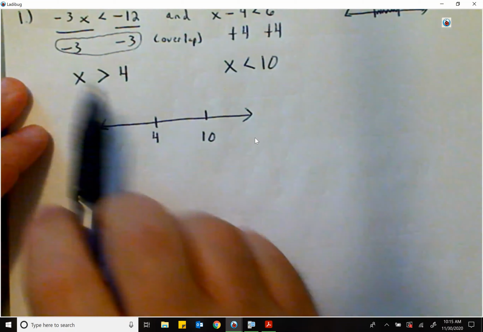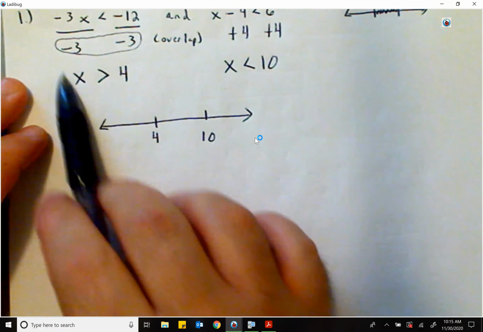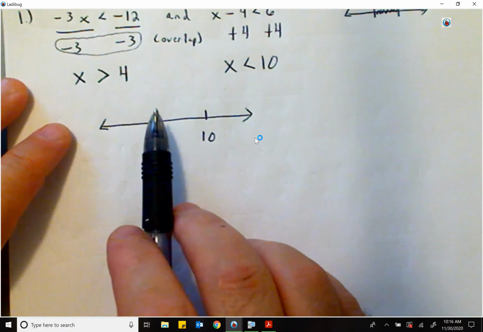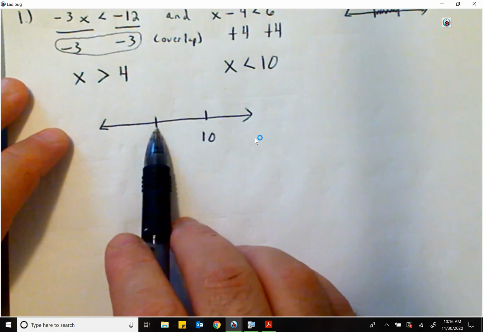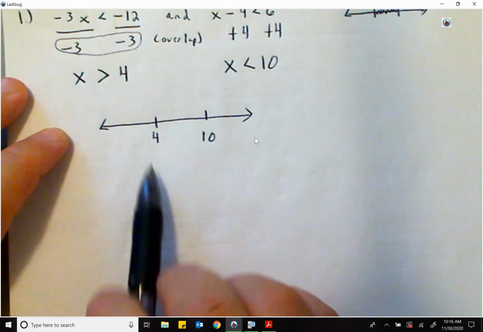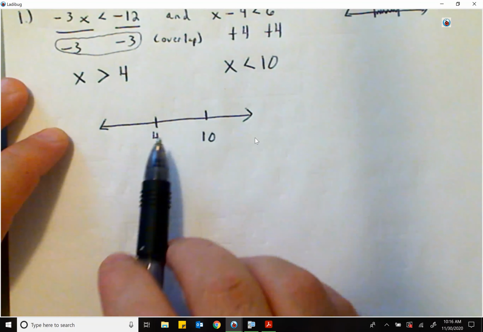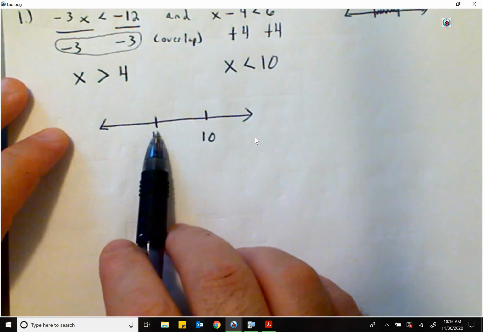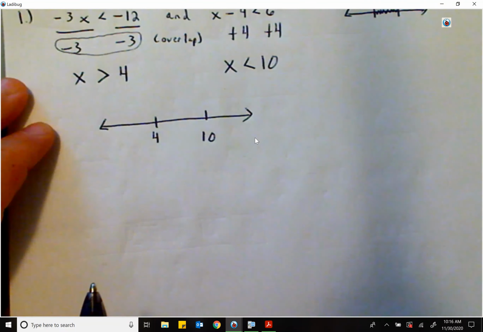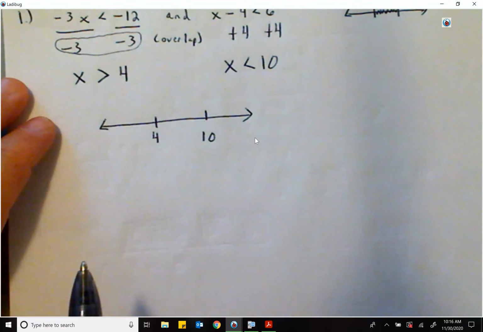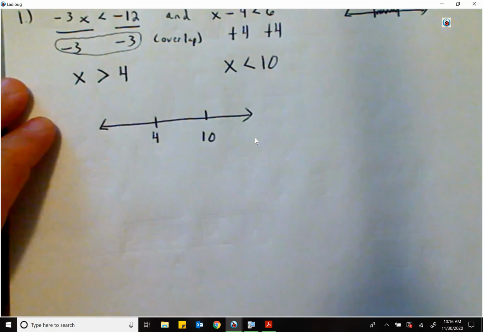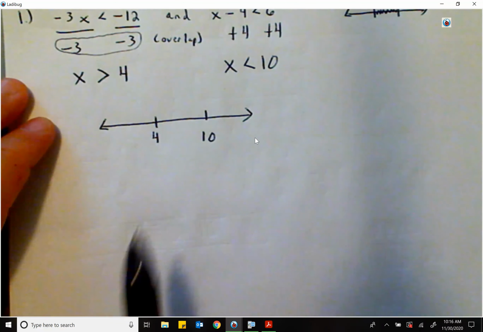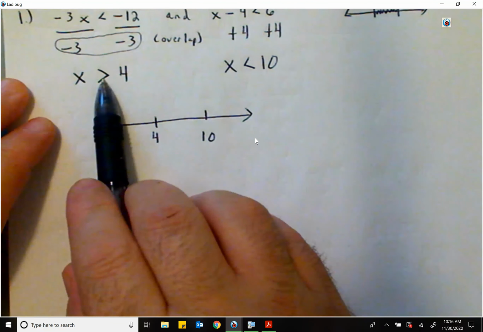So if we graph this above here, will this be a bracket or parenthesis at 4? A parenthesis. Well, it's not a bracket at 4 because it's not equal to.